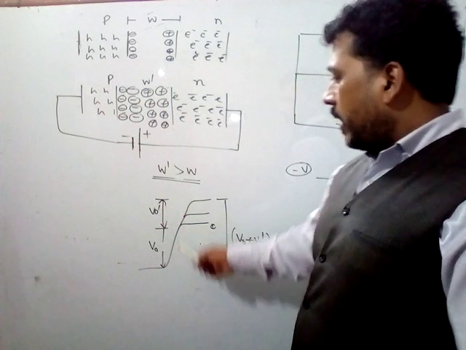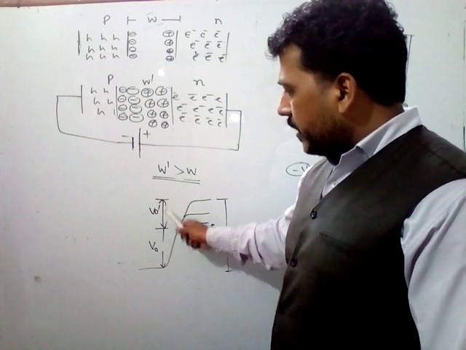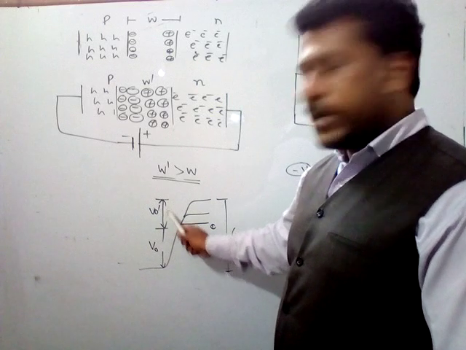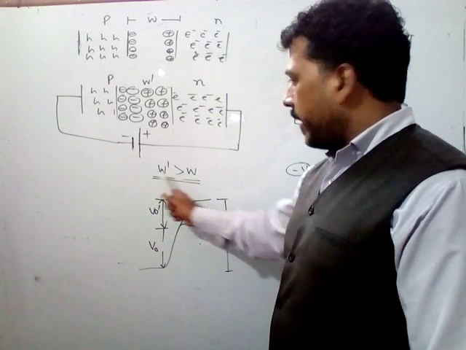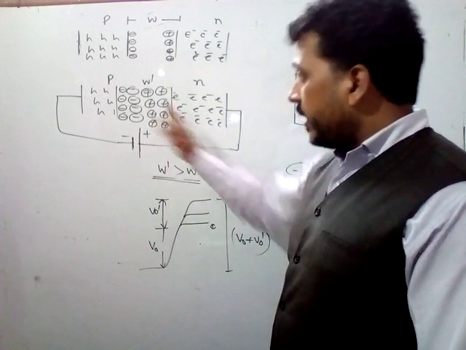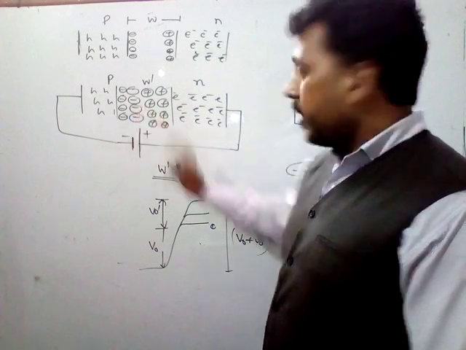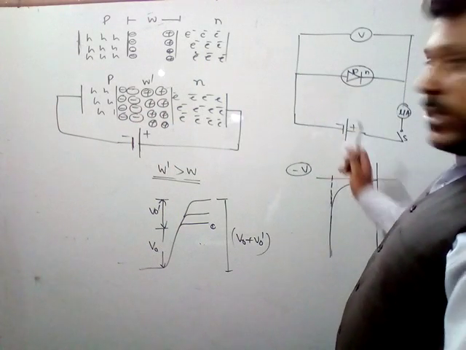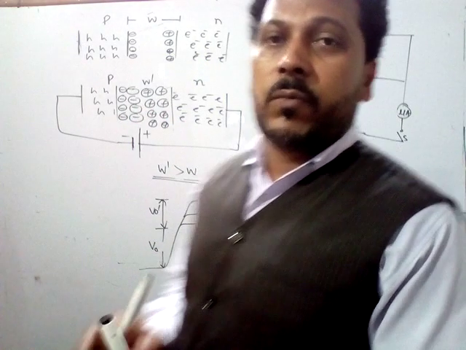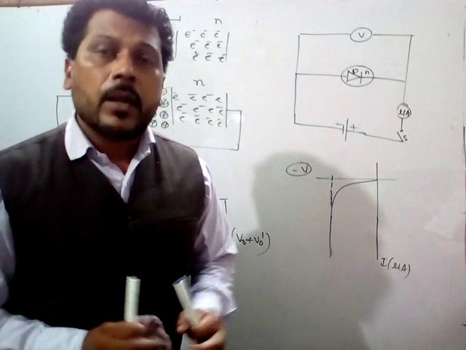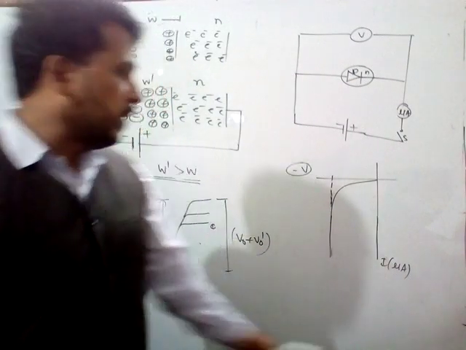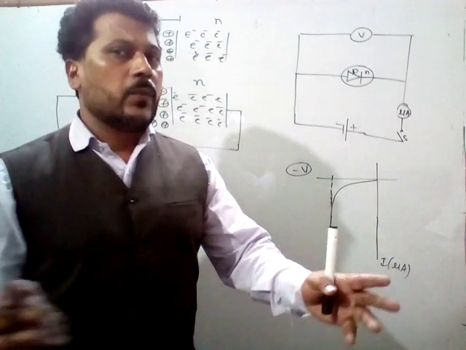Due to the increasing value of the potential barrier, its thickness also increases, W dash greater than W. Due to this reason, here current will flow in the microampere order, or negligible current flows in this circuit, or no current flows in the circuit.